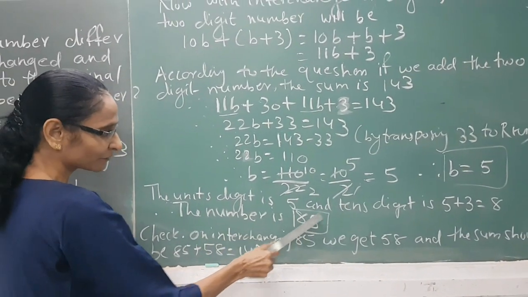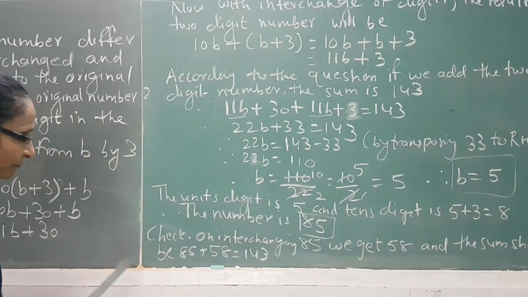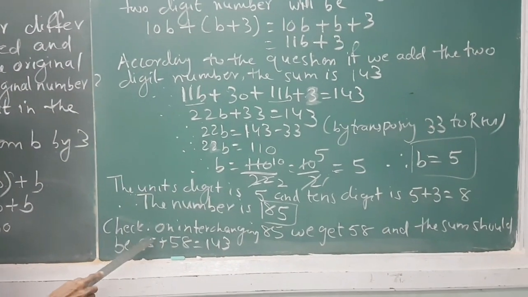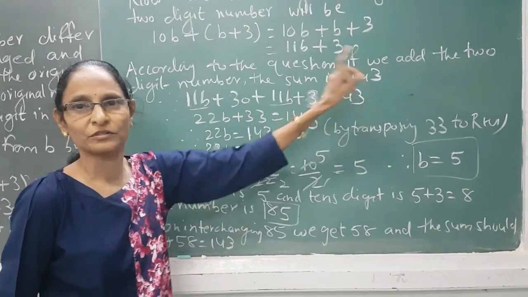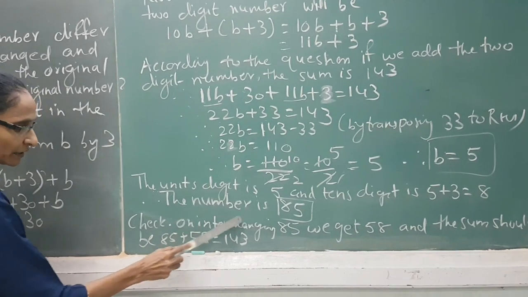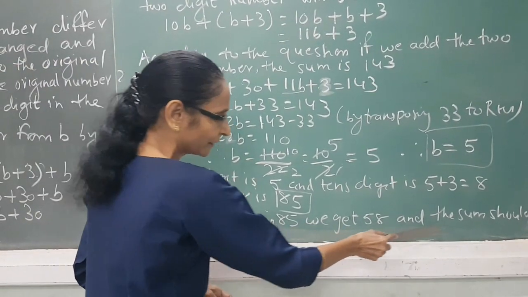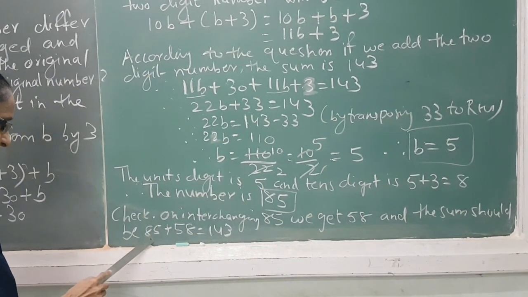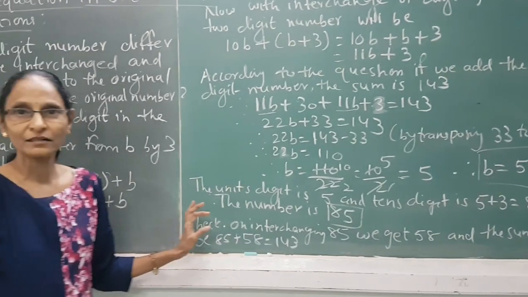Units digit 5, tens digit 8. Now let us check on interchanging whether our sum is 143 or not. On interchanging 85 we get 58, and the sum 85 plus 58 is 143. So our answer is correct.